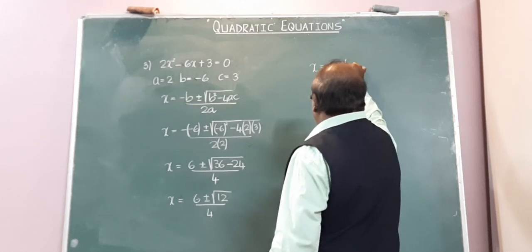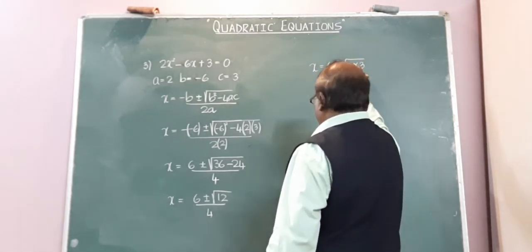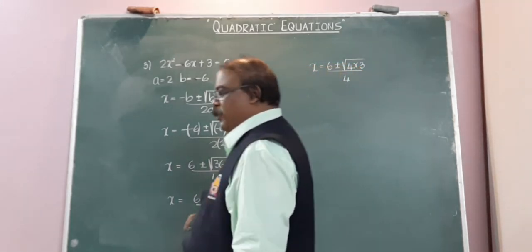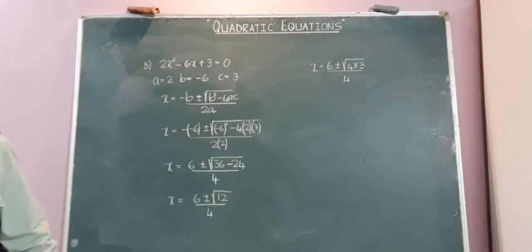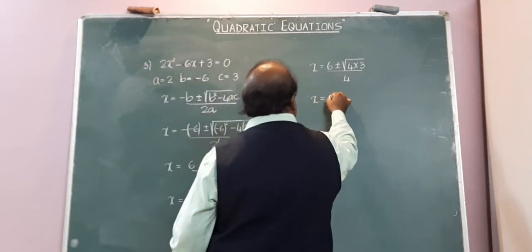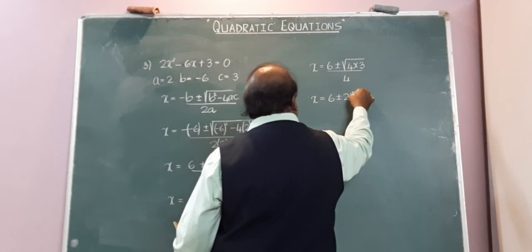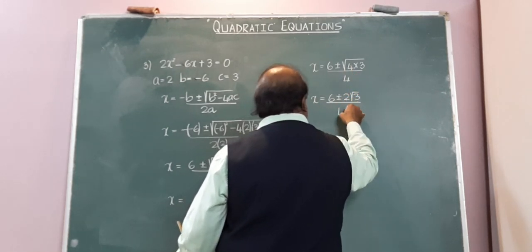12 can be brought to the reduced form as 4 3s are 12. So now you get x is equal to 6 plus or minus square root of 4 into root 3, the whole upon 4.